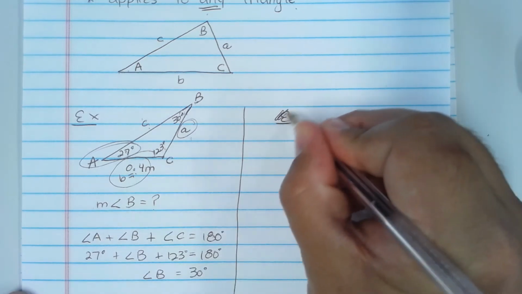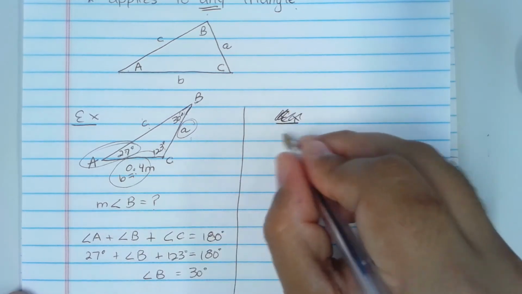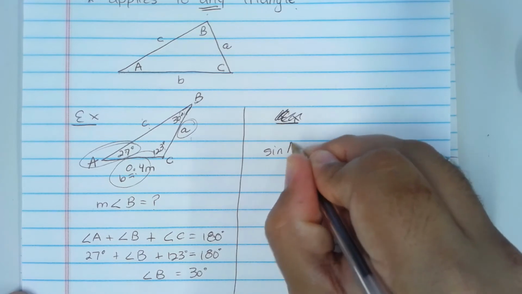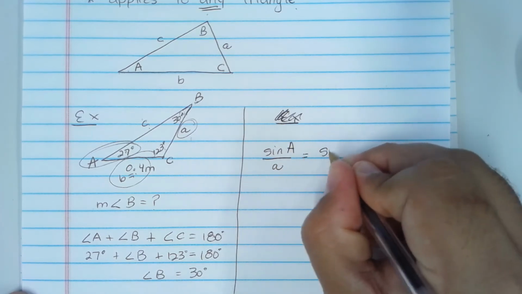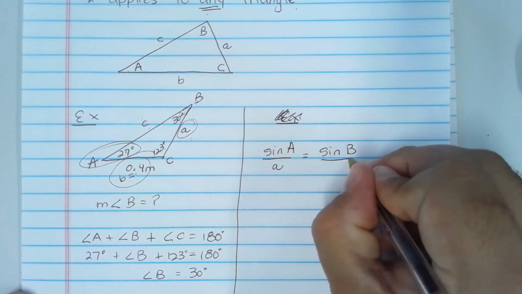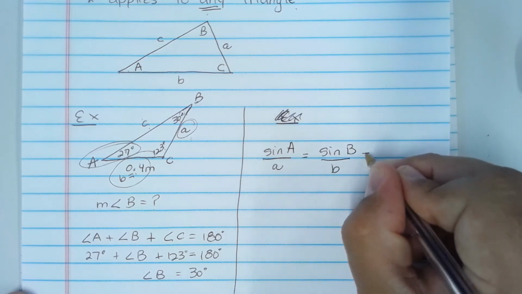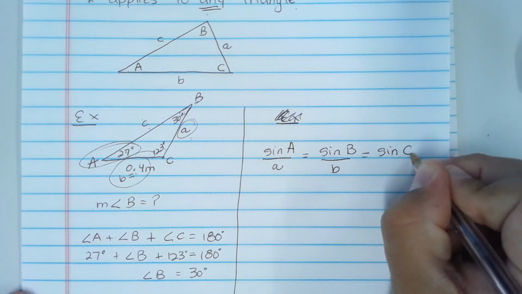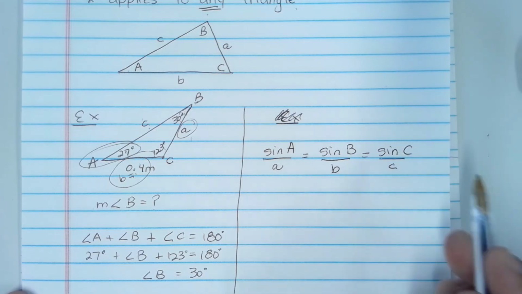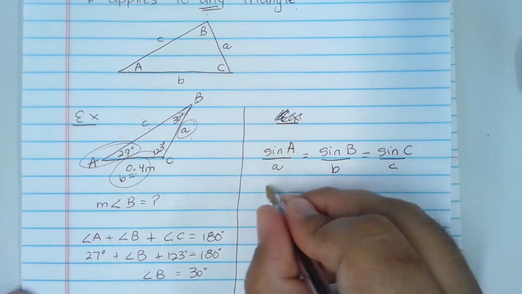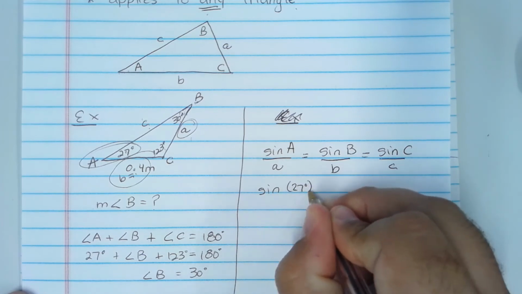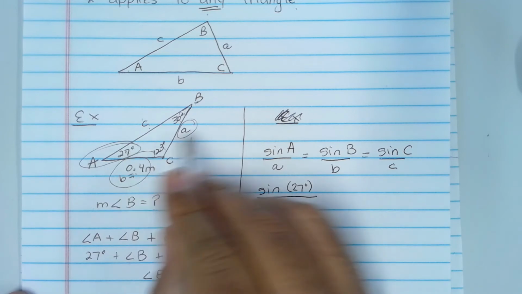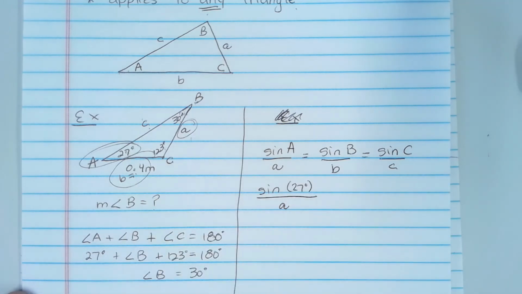I'm going to use this side over here. If I write this here, sine of A over little a is equal to sine of B over little b is equal to sine of C over lowercase c. Sine of A, we can write it down: sine of 27 degrees over small a, which I have no idea what it is.